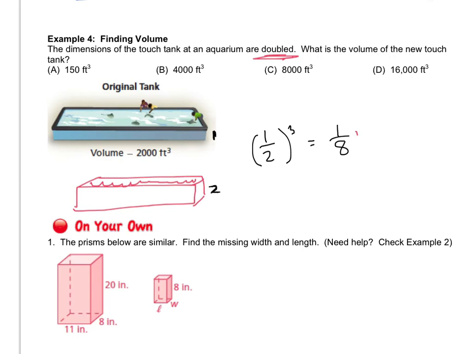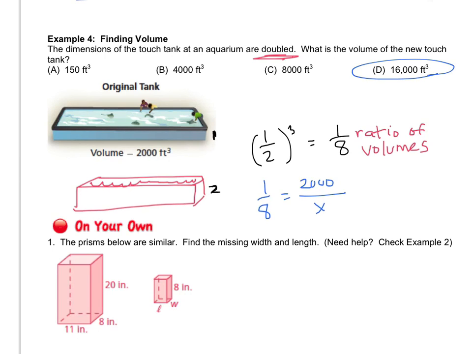That represents the ratio of their volumes. So let's take that ratio, 1/8, and make it equal to the real volume, which is 2,000 on the smaller side, and then I don't know what this is on the larger side. So when you solve this, you get choice D, 16,000.